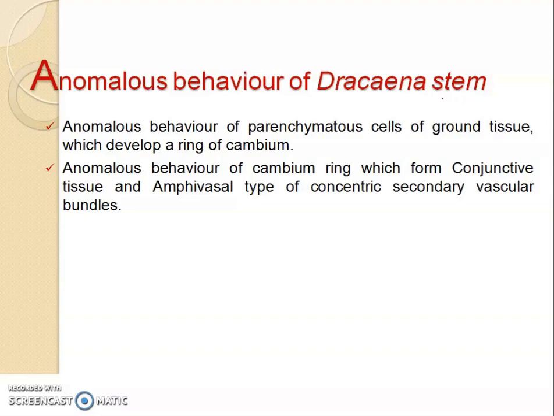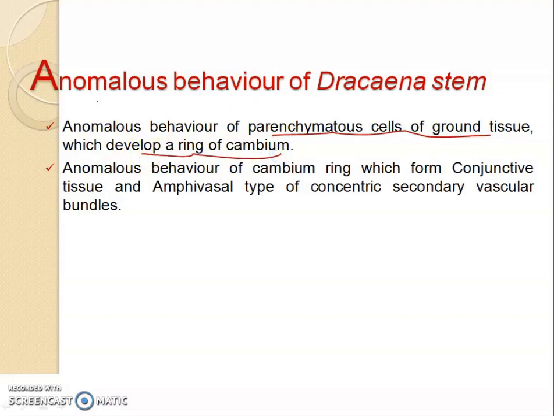Now we should know what is the anomalous behavior of Dracaena stem. The anomalous behavior in this case is that parenchymal cells of the ground tissue develop a ring of cambium.